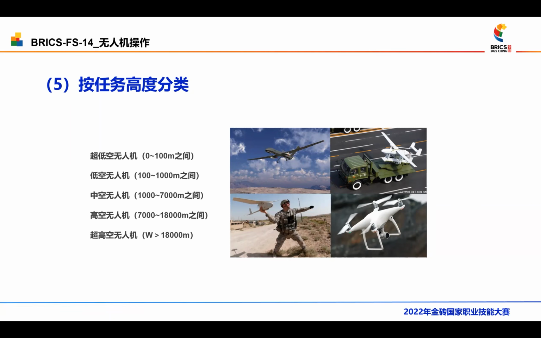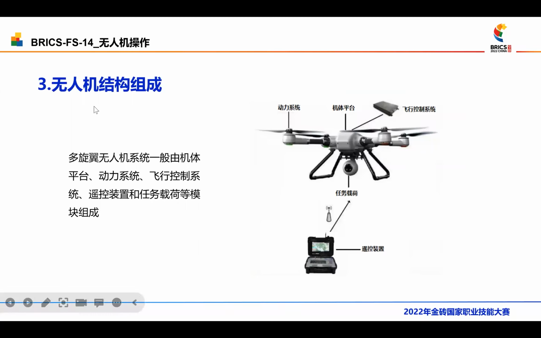Multi-rotor UAV systems generally consist of body platform, power system, flight control system, remote control device, and mission load modules. The body platform is the frame, layout, landing gear, and gimbal mentioned earlier. The power system is the motor and battery. The flight control system is the navigation subsystem and flight control subsystem. The remote control device refers to the ground station or the remote controller. The mission load is, for example, a dropper.